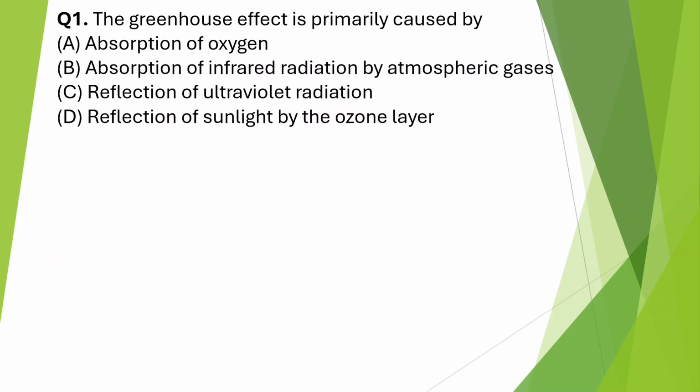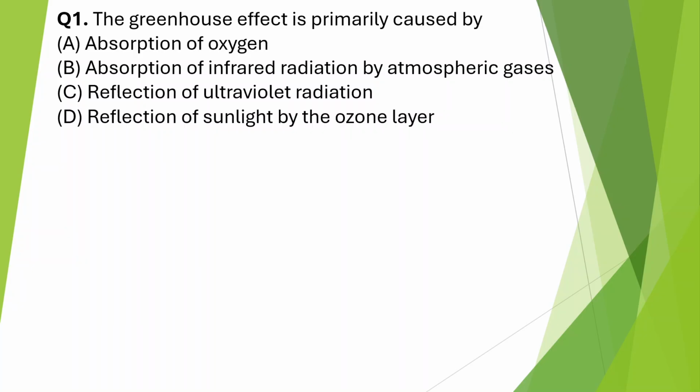Let us see the first question, which asks: the greenhouse effect is primarily caused by what? Either absorption of oxygen, reflection of ultraviolet radiation, reflection of sunlight by the ozone layer, or option B, absorption of infrared radiation by atmospheric gases.